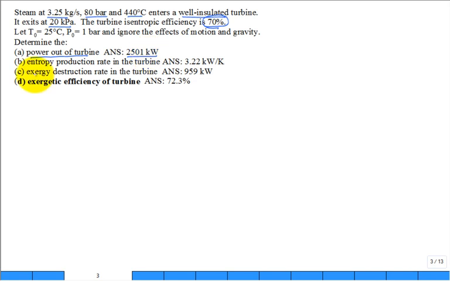We then solved for part B, what's the entropy production rate in the turbine? That's sigma dot, 3.22 kilowatts per Kelvin. And then the exergy destruction rate in the turbine, E dot D, comes in at 959 kilowatts. So this was W dot equal to 2501 kilowatts.